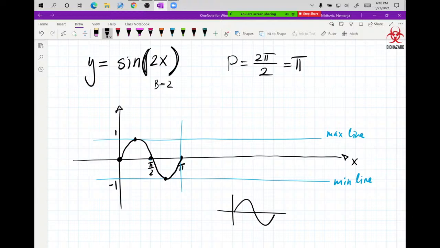And we know that the period is pi because we had that b, which changed the value of the period. So the original sine graph starts at 0, goes to pi, ends at 2 pi. But the one that we have here is now squished. This is your 3 pi over 2, and this is your 2 pi over here.